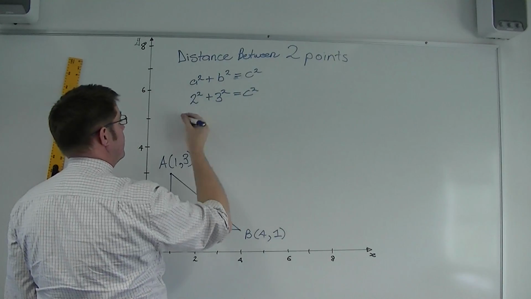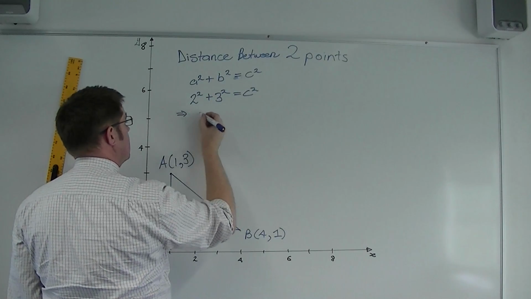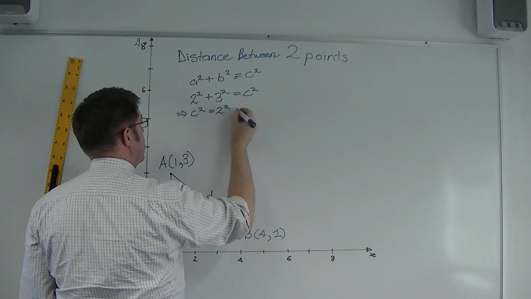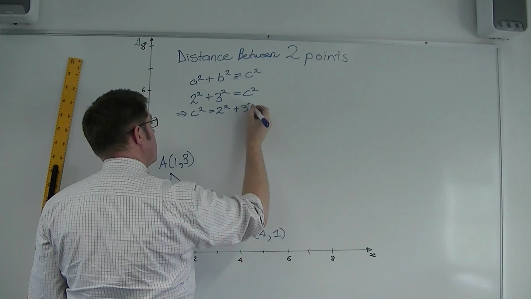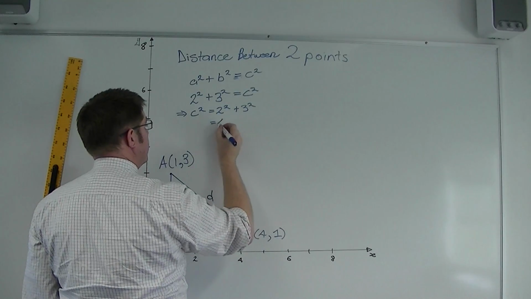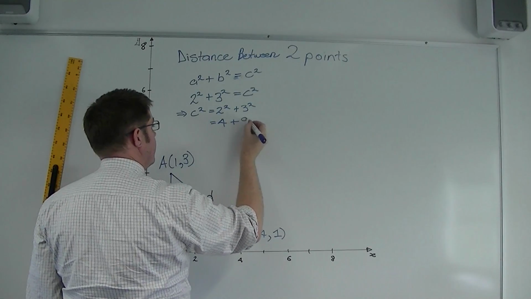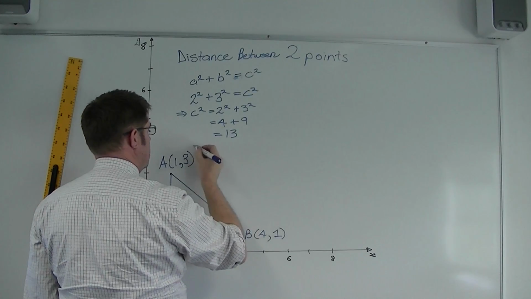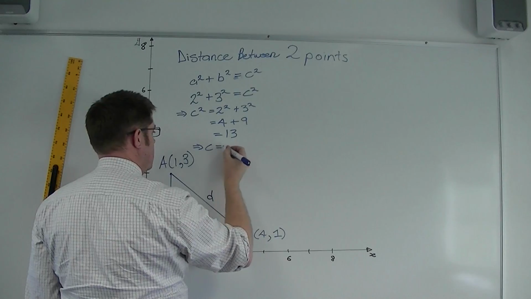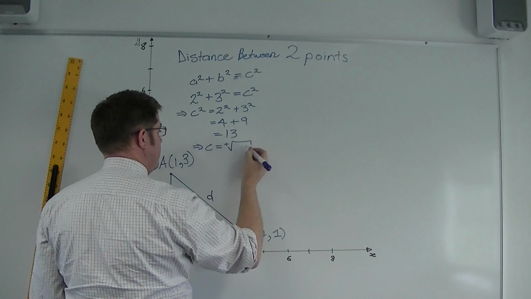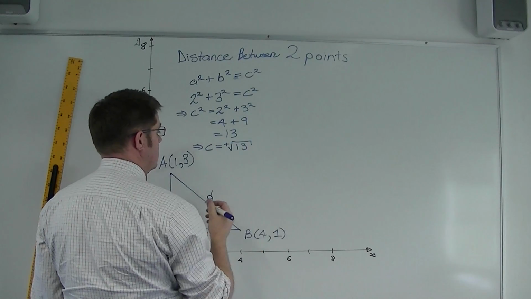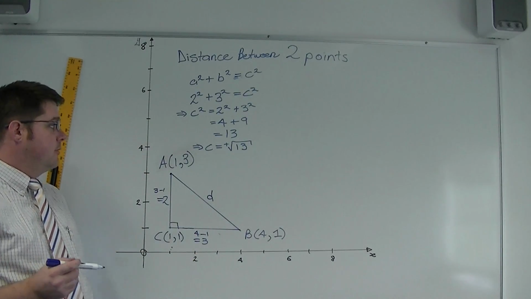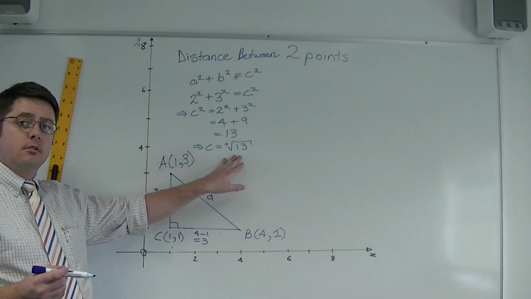If I were to rearrange this algebraically, I'd have c squared equals 2 squared plus 3 squared, which equals 4 plus 9, which equals 13, which implies that c is the positive square root of 13. And for most mathematical questions, it'll be fine to leave it in square root form.